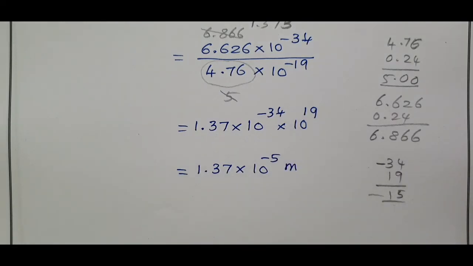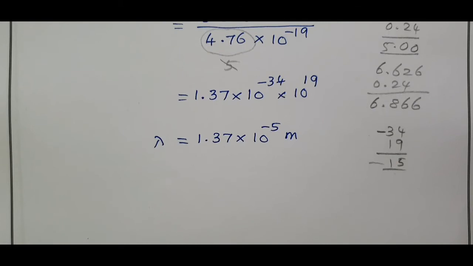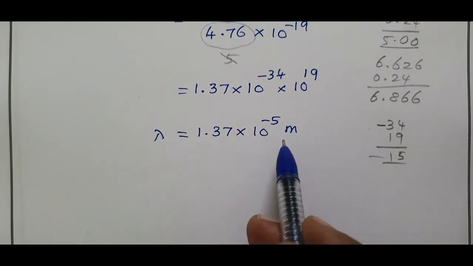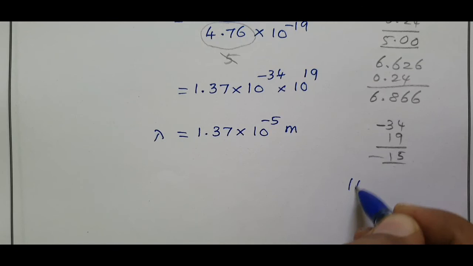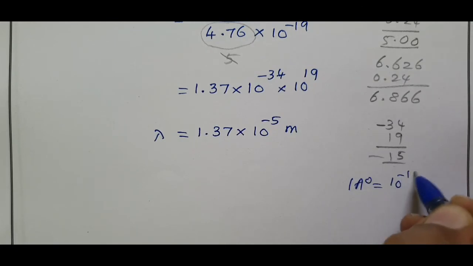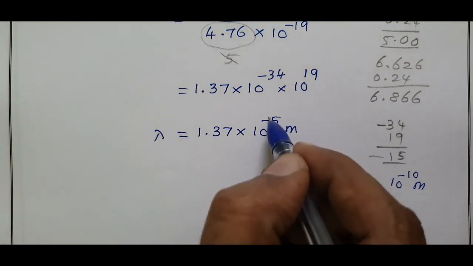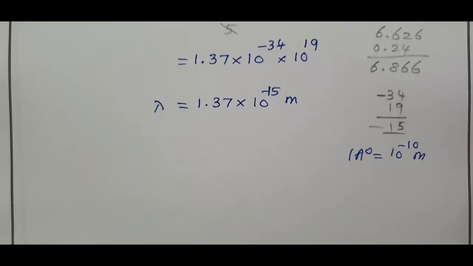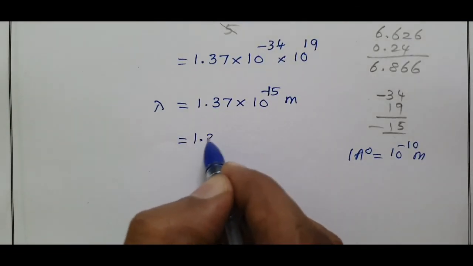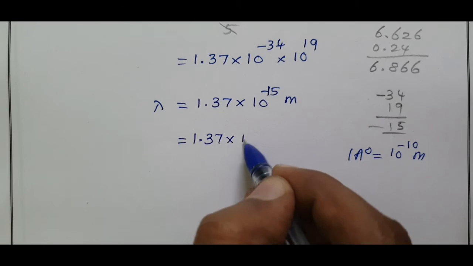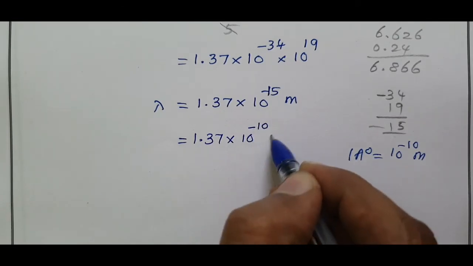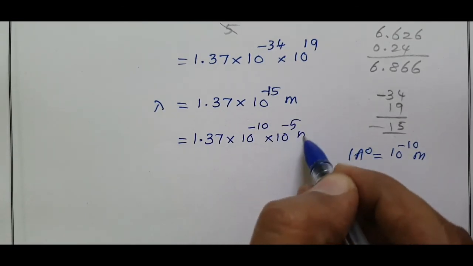But in our question, it is asked in angstrom. We have to calculate the lambda value in angstrom. 1 angstrom equals 10^-10 meter. Now I separate this 10^-15: 1.37 × 10^-15 can be written as 10^-10 × 10^-5 meter.